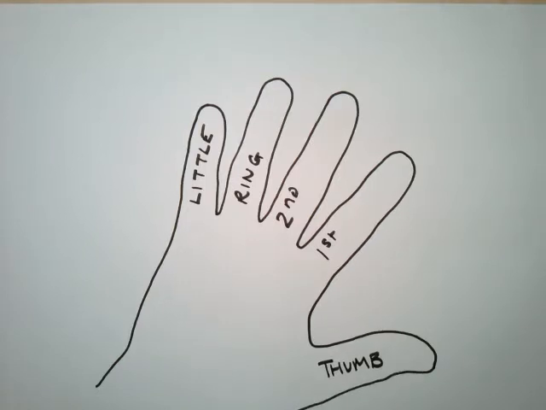We're going to collect data, numbers, figures, dimensions about our hands. You're going to need to draw around your hand very carefully with a pen or pencil on a piece of plain paper, and then label it as I have shown you in this diagram.